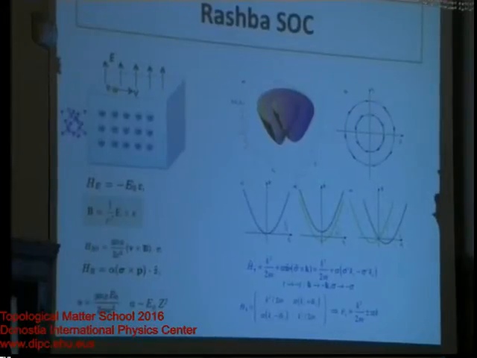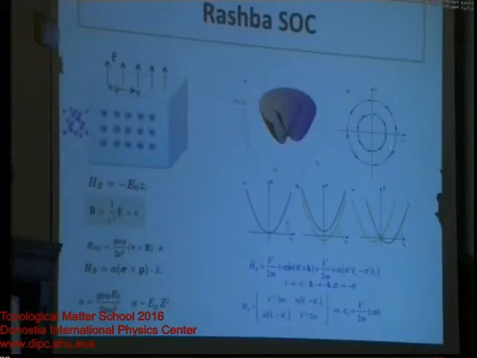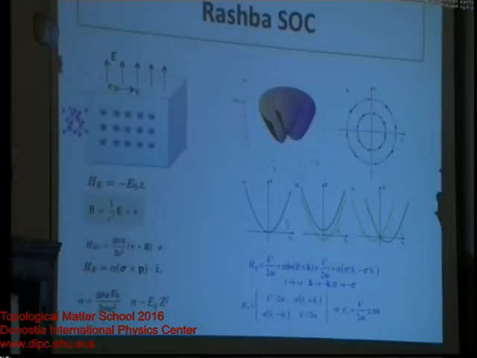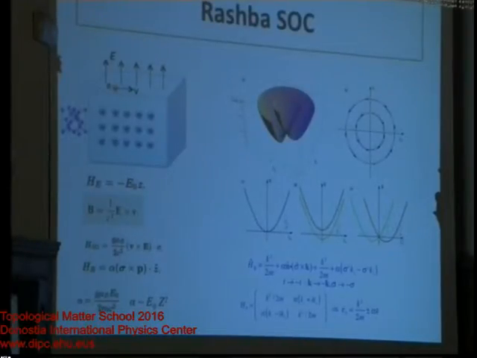For example, here at this point, the momentum goes in the x direction, and its spin points in the y direction. As you see, if you go around this loop, everywhere they are always perpendicular. And here it is opposite, just because there's a minus sign here. You just switch it.